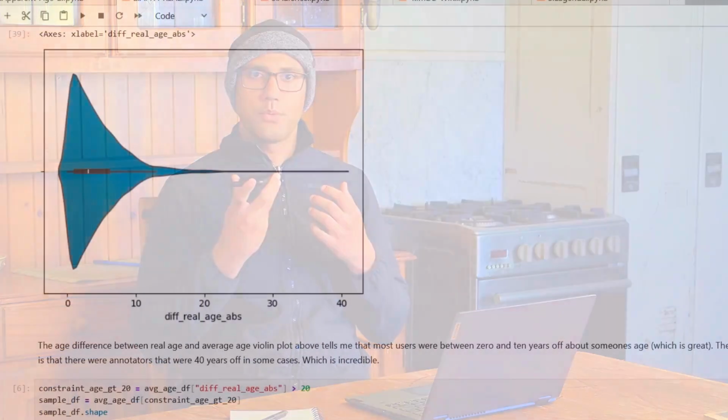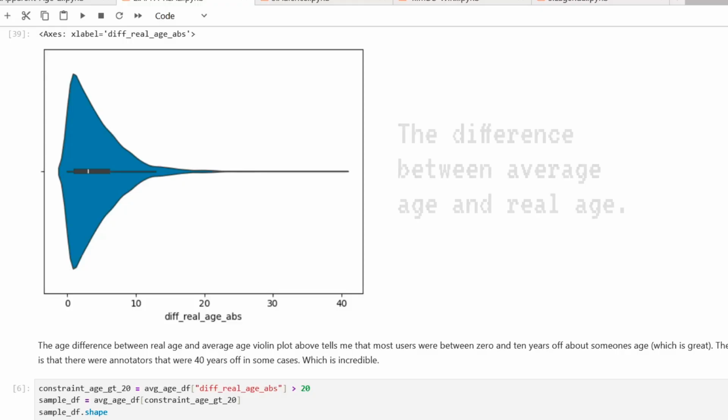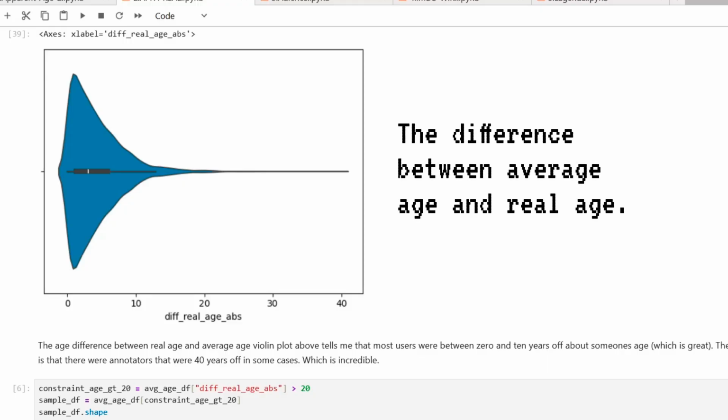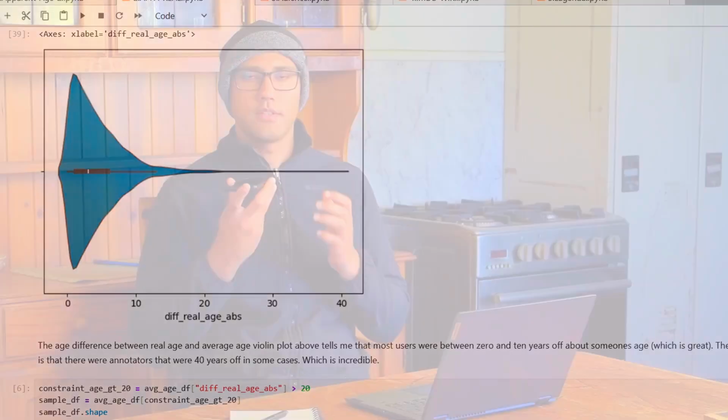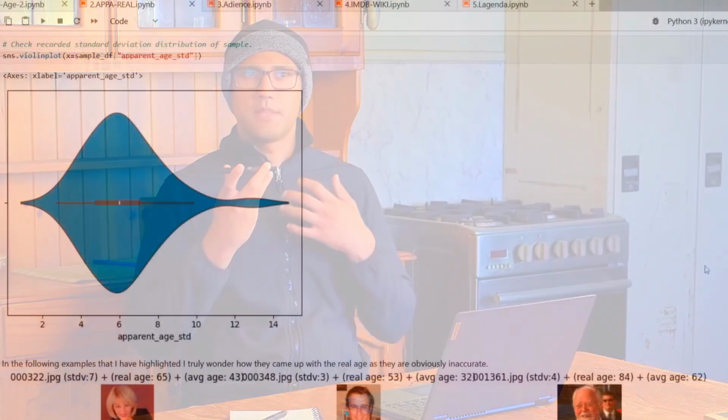The Adversarial dataset also had that age attribute, and I compared it to the average age. And what I found was that in the majority of cases, annotators were within plus or minus 5 years of the real age. But there were outliers where annotators were off by about 40 years. And this didn't seem realistic.